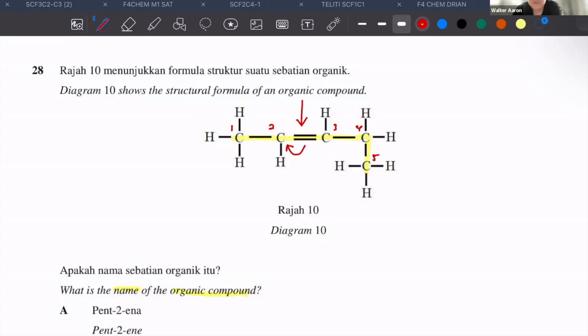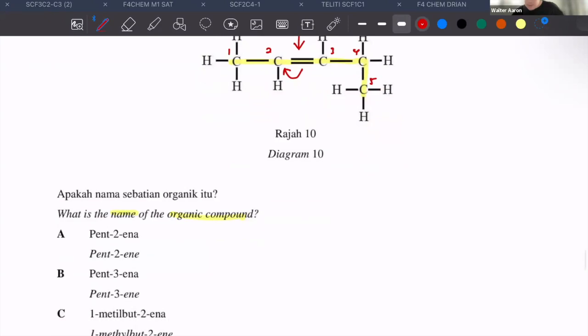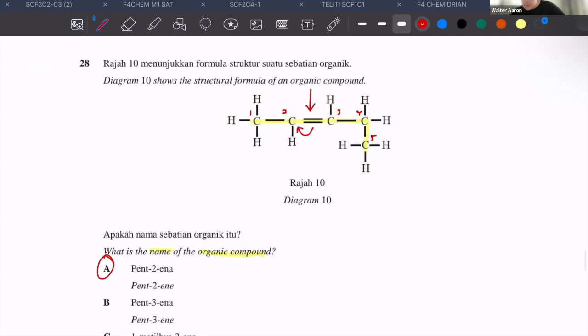So therefore, it must be pent-2-ene. Why pent? Because there are 5 carbon atoms. And it's also a carbon double bond, which indicates that it is an alkene. So the answer here will be A, either pent-2-ene or 2-pentene. Both are okay. So that's the answer for number 28, A.